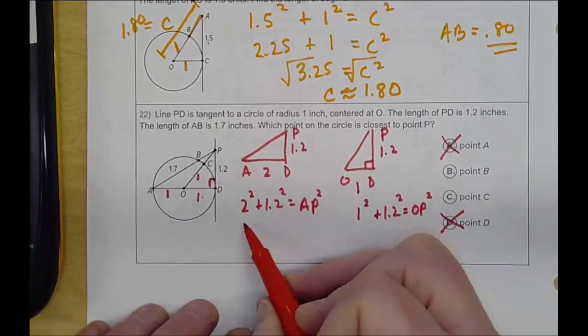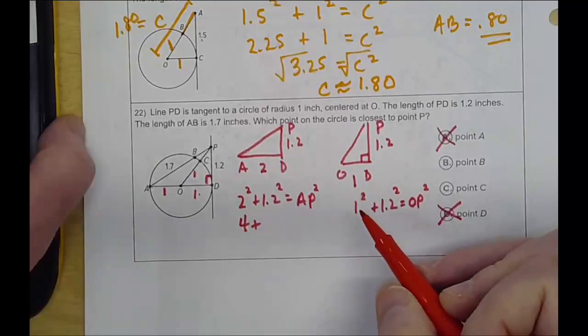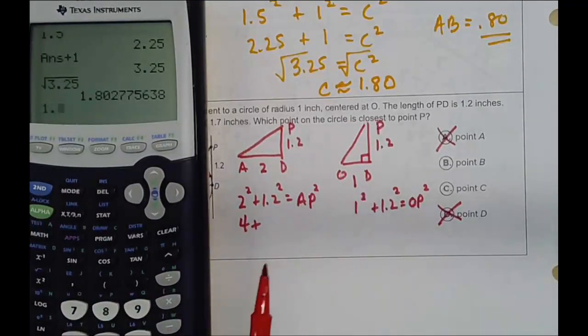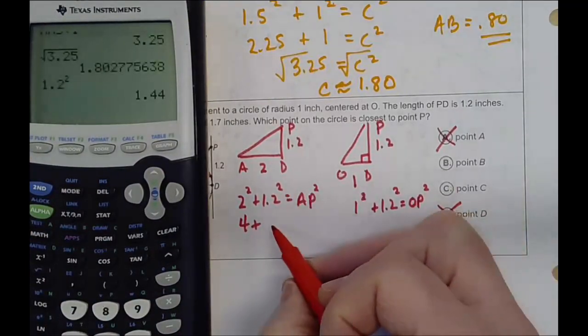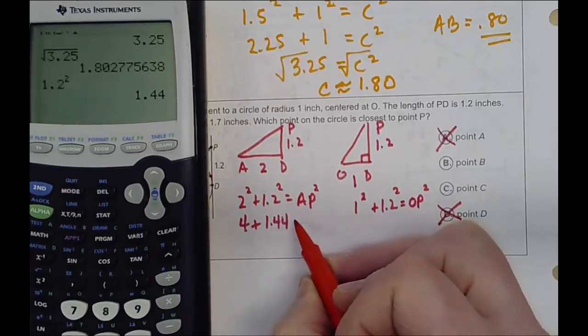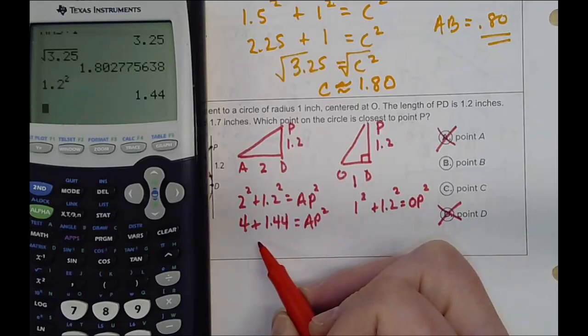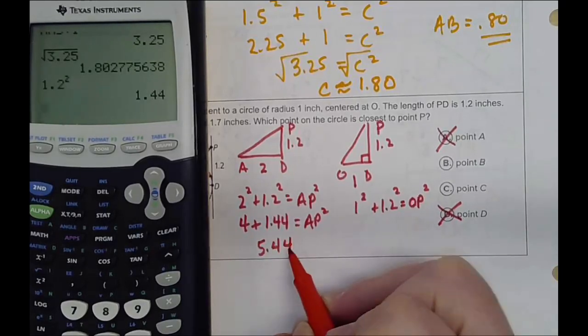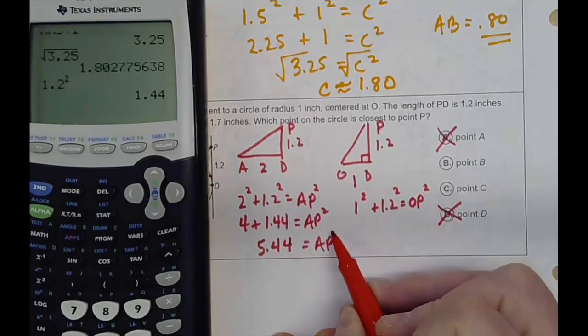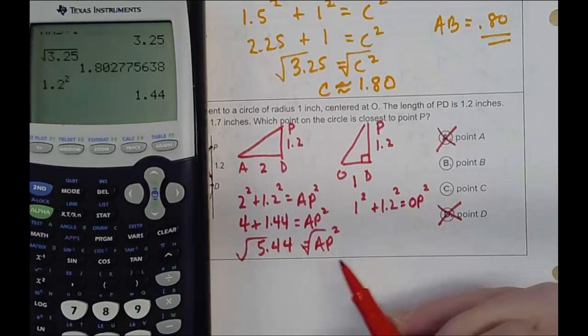All right, let me do a little math work here. 4, 1.2 squared, 1.44. That's the AP line squared, or you call it x squared. 5.44. I'm going to square root that.